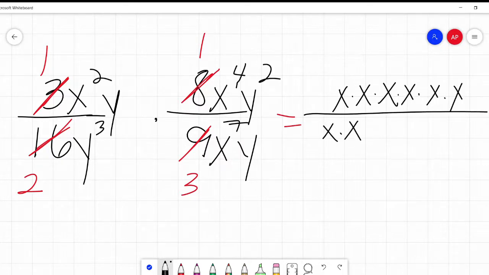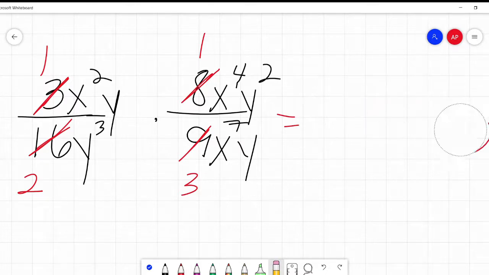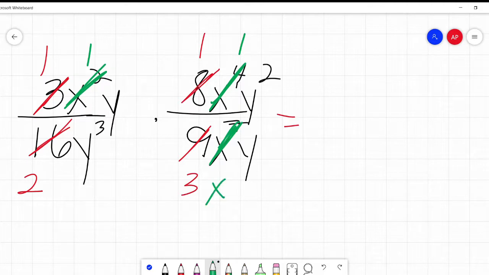And on the bottom, I'm going to write them all out because I'm insane, I have 7 x's. So cancel out 6 of them, and I'm left with 1 on the bottom. You always cancel out the lower number. They just disappear. So x squared and x to the 4th, bye-bye. They just leave 1 behind. X to the 7th, 6 of those x's are gone, leaving 1 x.